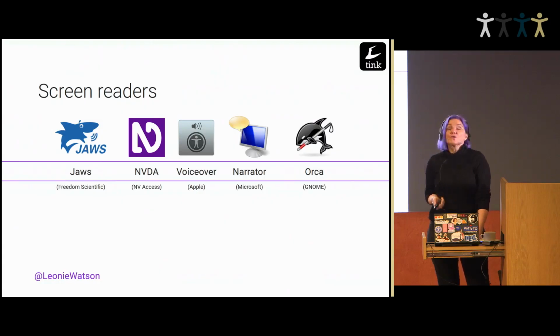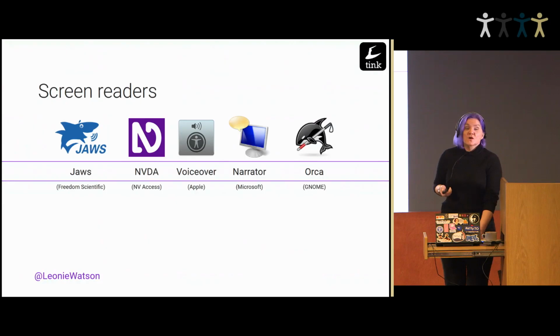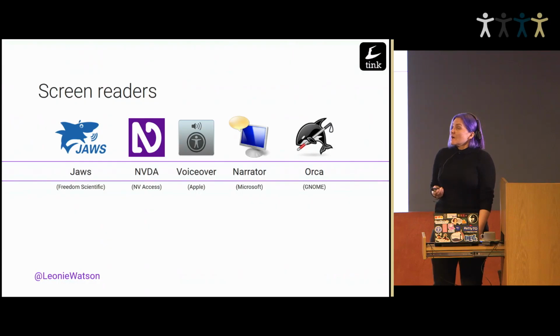There's also an open source free screen reader called NVDA, and a free integrated screen reader called Narrator. On Apple products, both iOS and macOS, you have an integrated free screen reader called VoiceOver. On Linux, there is another free open source screen reader called Orca. And also on Android, there is the TalkBack screen reader. So there's good choice when it comes to screen readers.